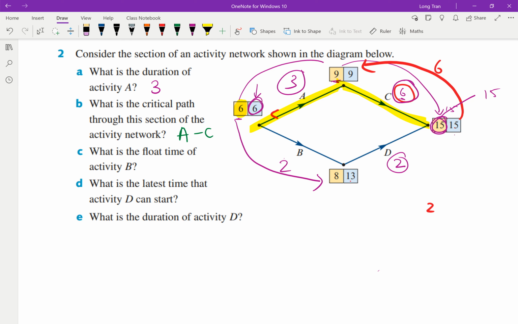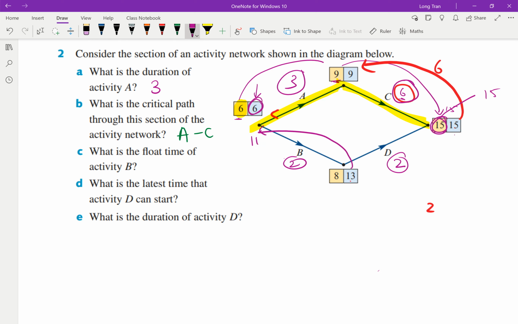Okay, so just answering that already, I can say that D has to be 2 through forward scanning. So if that is the duration, now let's go back to the question. C says, what is the float time of activity B? Well, activity B, as you can see there, remember, if we worked it out, it could have started at 11.